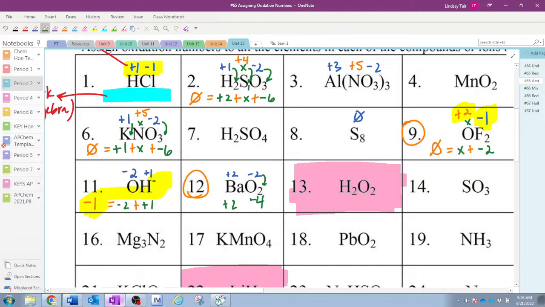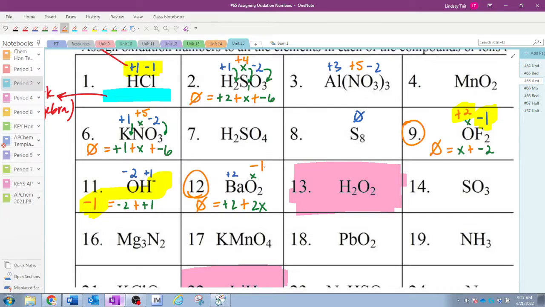That does not add up to 0. That's how I know that this is an exception. And what are the only 2 elements with exceptions? Hydrogen and oxygen. So guess what? Oxygen's the one that I change. Leave the barium alone, make oxygen X. So then this becomes a 2X and I solve for X. Adding those together equals 0. X is going to have to be a -1, right? So that's how you can handle all of the exceptions.